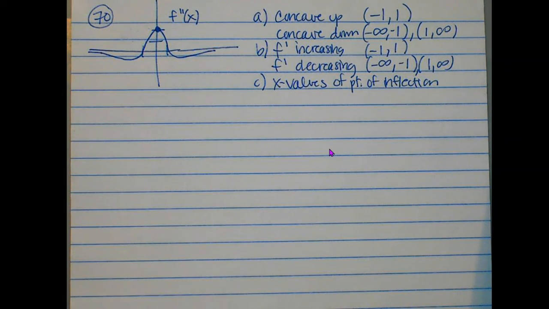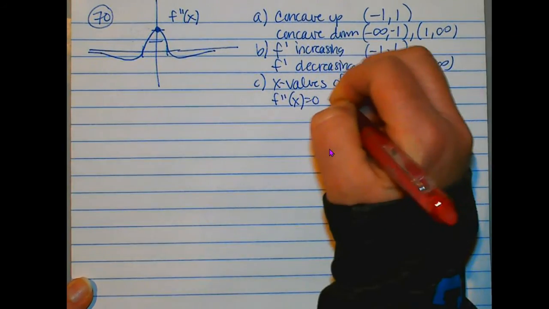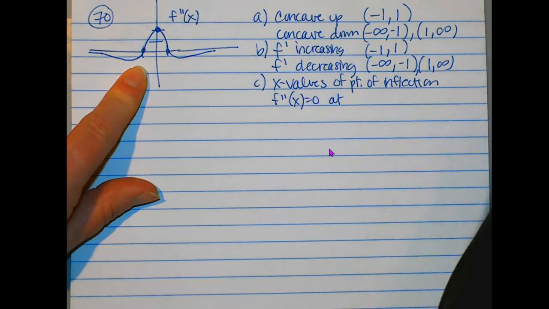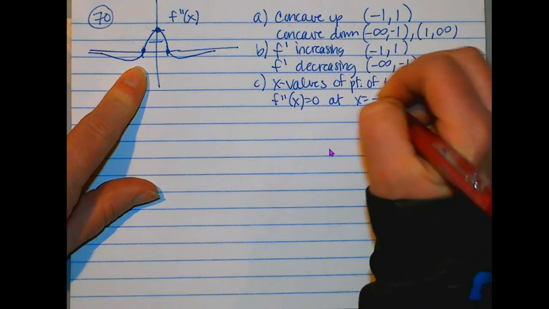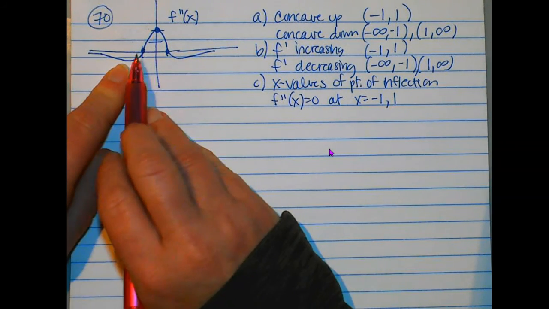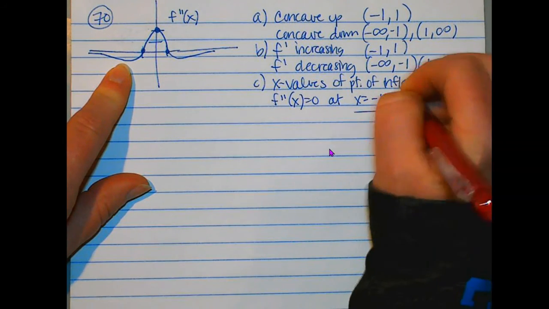It's the x-intercepts on the second derivative. So we're going to say f double prime of x equals 0 at 0, at x equals negative 1 and positive 1, and does it change signs there? Yes, so this is negative to positive and positive to negative, so yes.